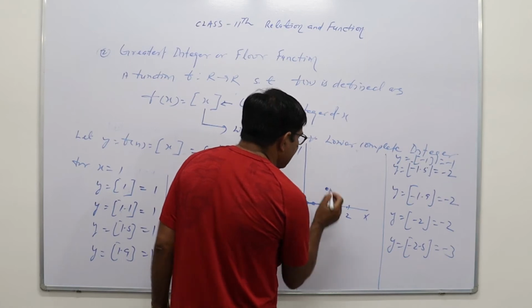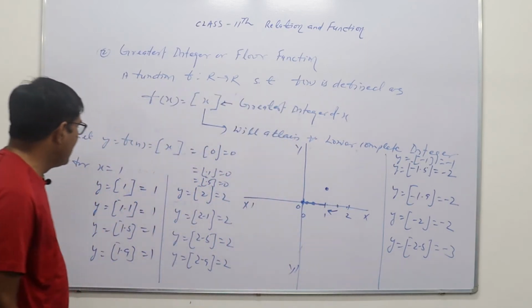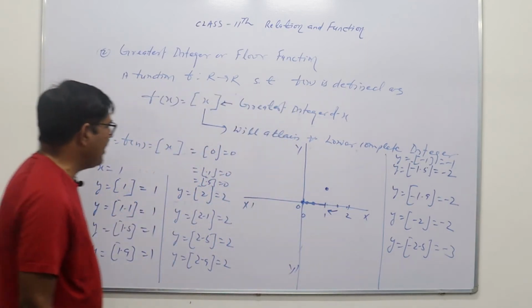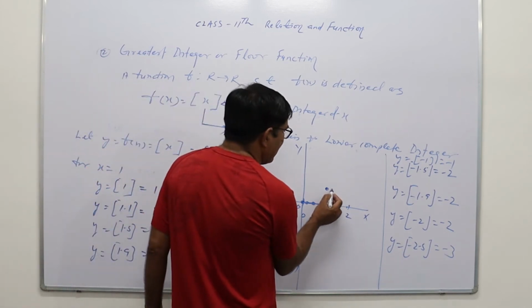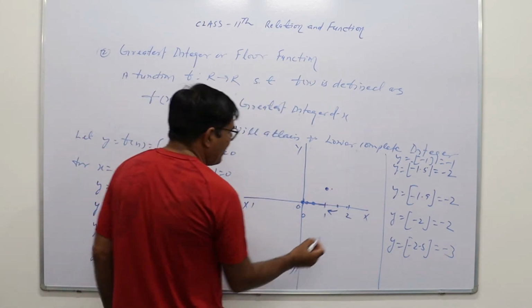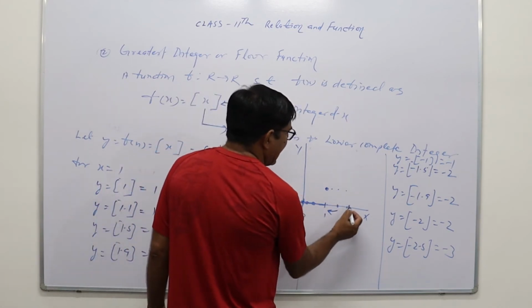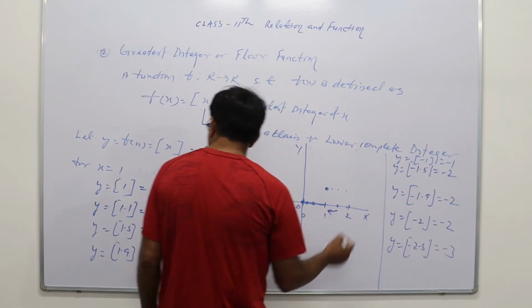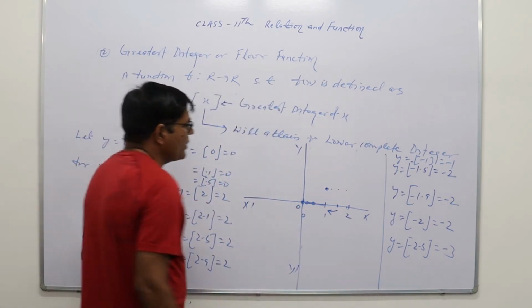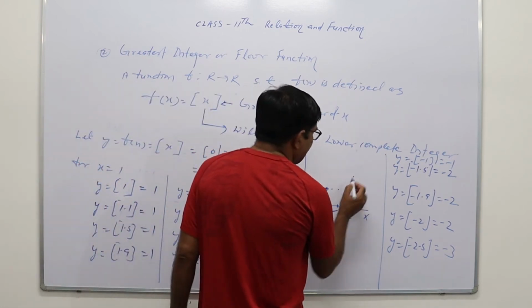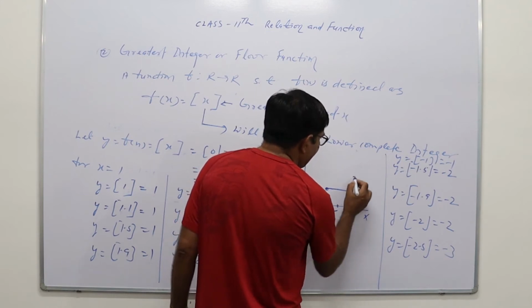So the graph will again start from this point. Now for 1.1 it will also be 1. So this graph will be parallel to the x-axis. 1.5 is also 1, 1.9 is also 1. But at 2 the graph will again jump, because the greatest integer of 2 is 2. So the graph will fluctuate and will be in this manner.